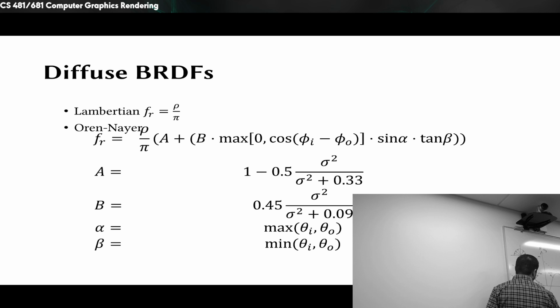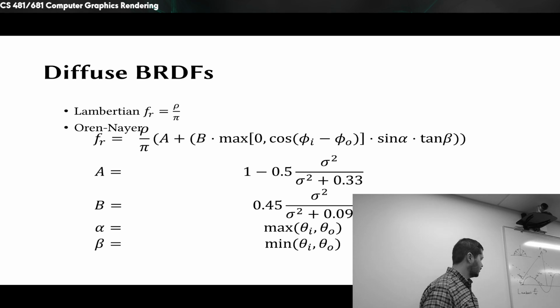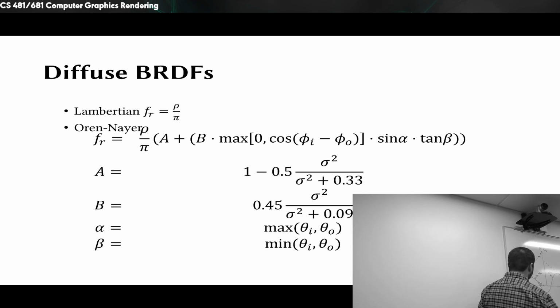And I wanted to explain this just a bit. So essentially, if you were going to calculate the rendering equation on this one, a lot of times the outgoing light essentially equals rho over pi times the incoming light, whatever the intensity is, times cosine theta I, which is the incoming.